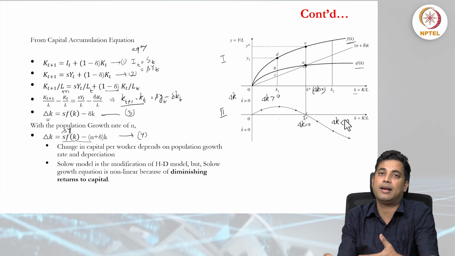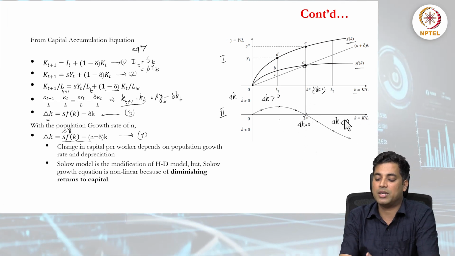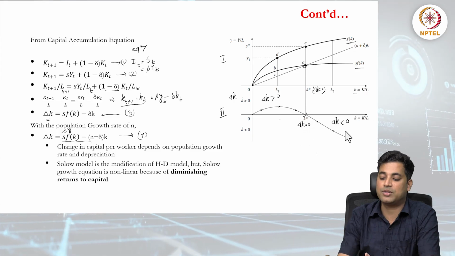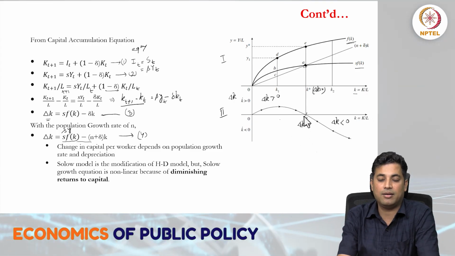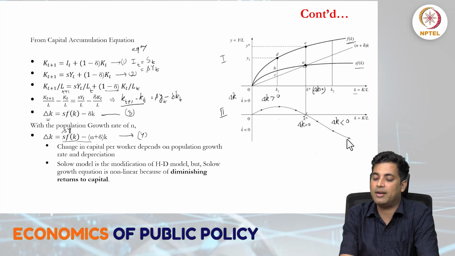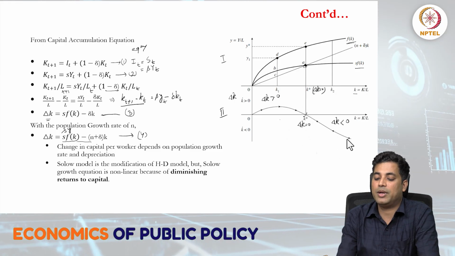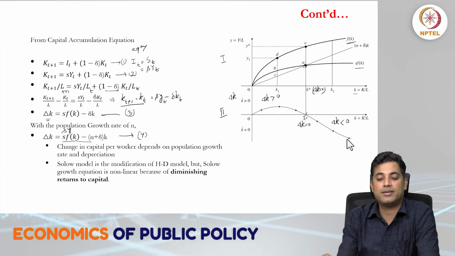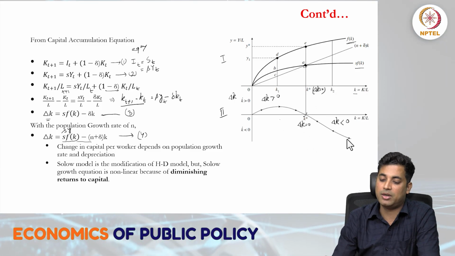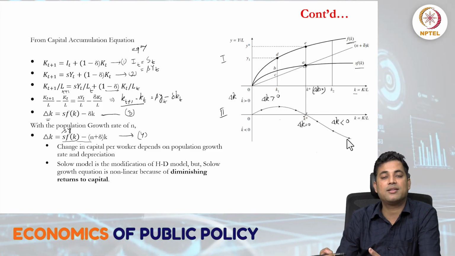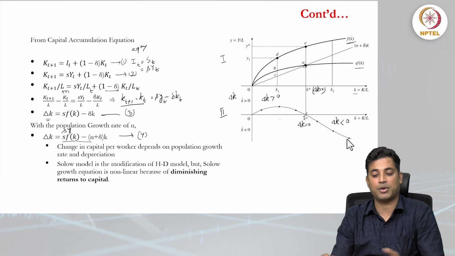In these three possibilities, the capital stock function will be increasing, then it is 0, and then it is decreasing. So this is how in two panels one can see how capital stock and changes in the capital per worker are related to the total production.